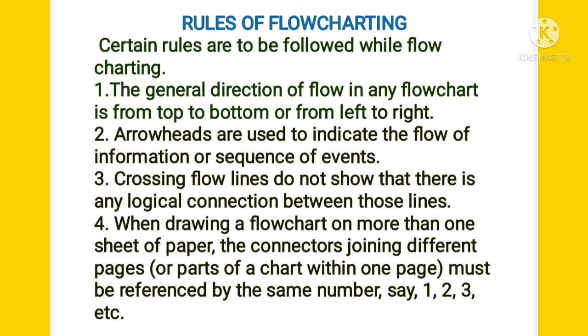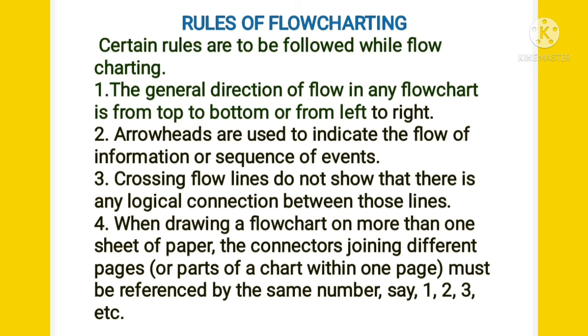Let us see certain rules which are to be followed while preparing a flow chart. First one, the general direction of flow in any flow chart is from top to bottom or from left to right. Second, arrowheads are used to indicate the flow of information or sequence of events.